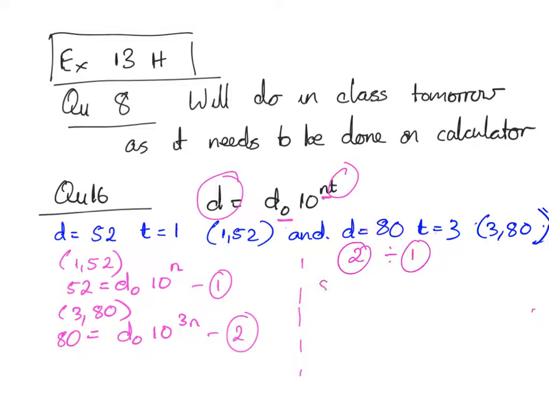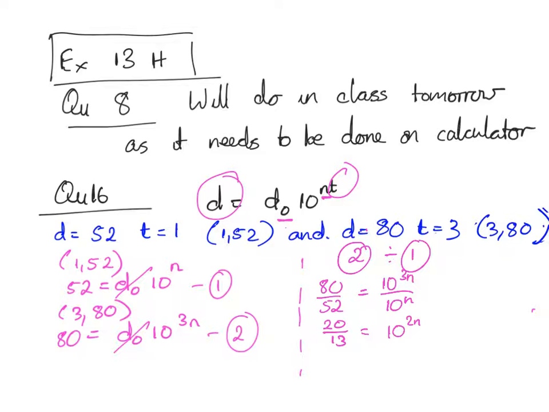So I get 80 divided by 52 is equal to, now D0 and D0 gives me 1 when I divide them, so they cancel out, and I've got 10 to the power of 3n divided by 10 to the power of n, and we know that when we are dividing indices we subtract the powers, and simplifying our fraction, we've got 4 goes into 80 20 times, 4 goes into 52 13 times.